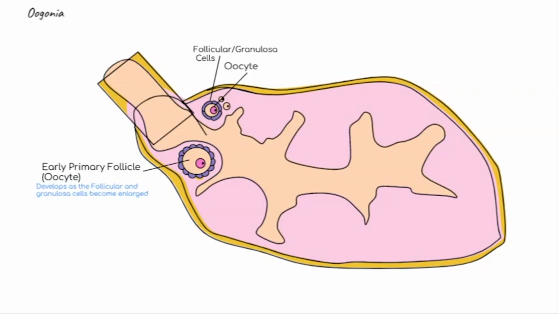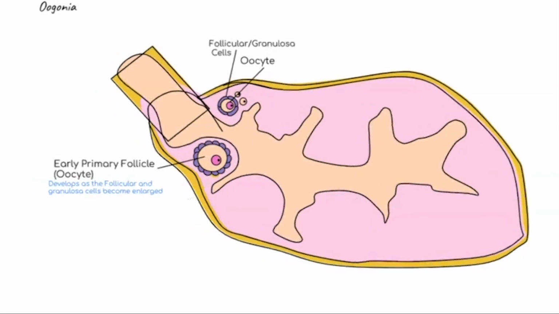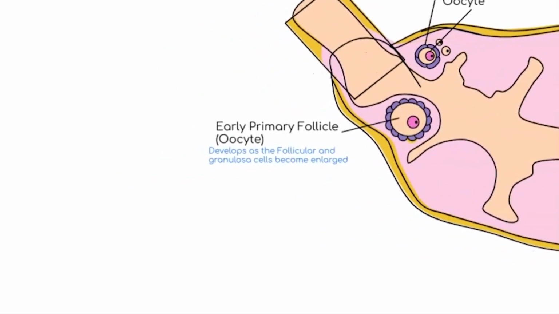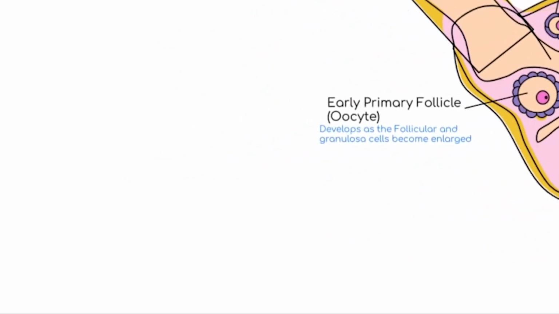Now, the primary oocyte will start its first meiotic division. Before this meiotic division happens, during Prophase I, DNA will replicate itself. So, as you know, when a cell is about to divide, whether mitosis or meiosis, first it is going to replicate its DNA.